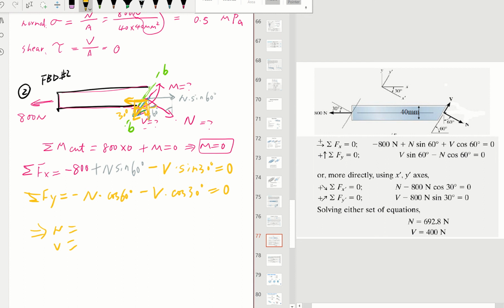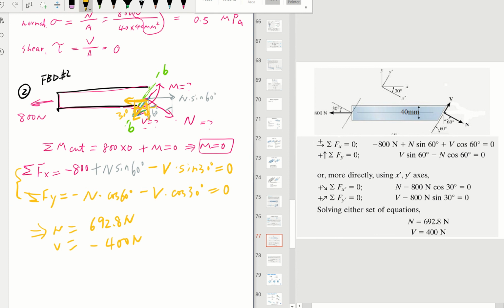So don't worry about this. If you go ahead and solve those two equations in your calculator, what would we get? We would get N as 692.8 Newton. And with these equations, you will get V equal to negative 400 Newton.